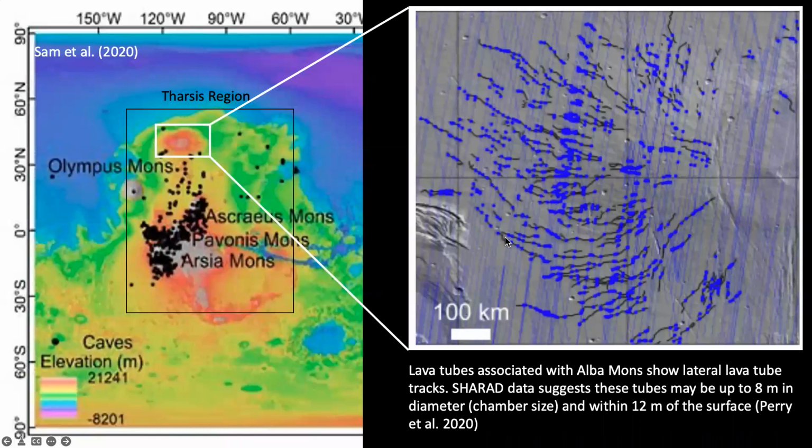And when they actually mapped these with the radar system, they found that these tubes may have void spaces up to 8 meters in diameter, so the chamber size, which is enormous. And they may be as shallow as within 12 meters of the surface for really long distances, because of course these flows are flowing at very low angles.